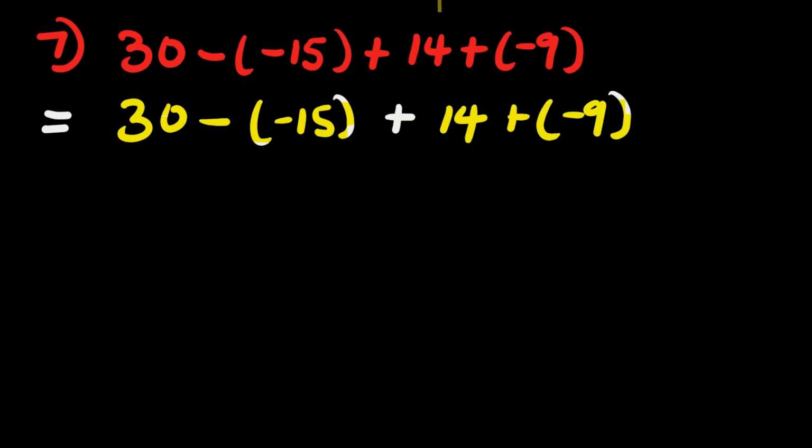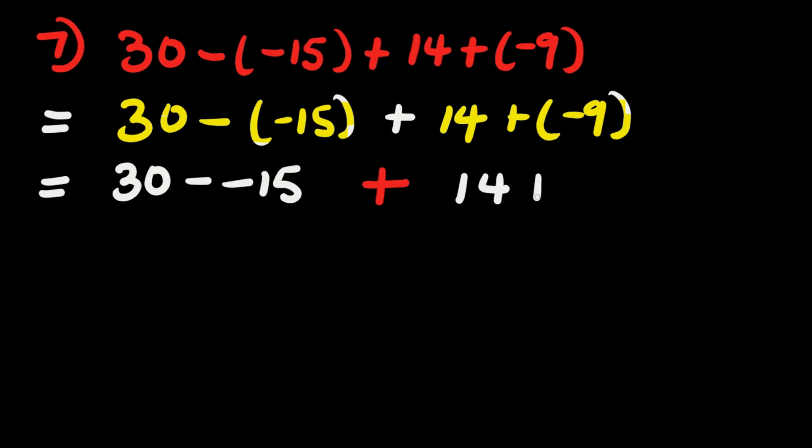And there it is. So from here, we know that for the first pair, we deal with it like this. We take down this, and 14 plus minus 9.